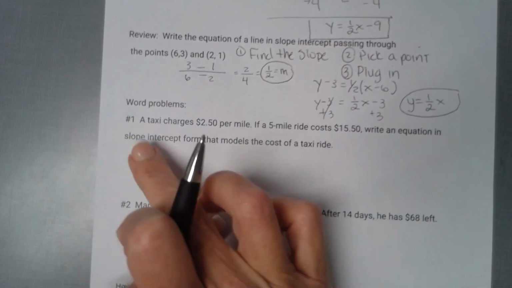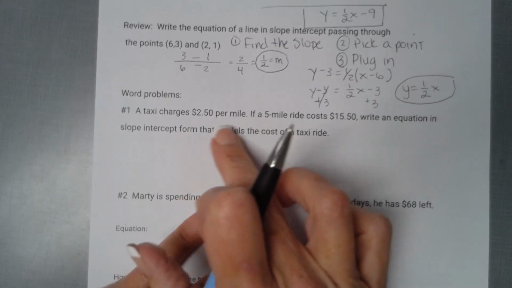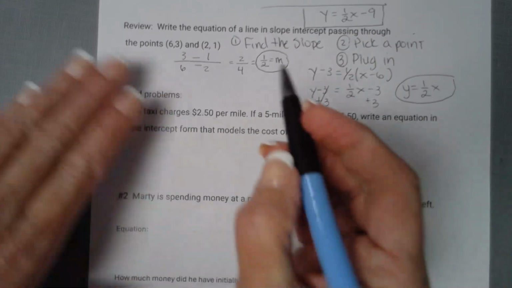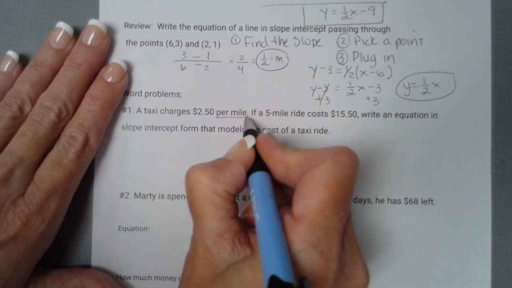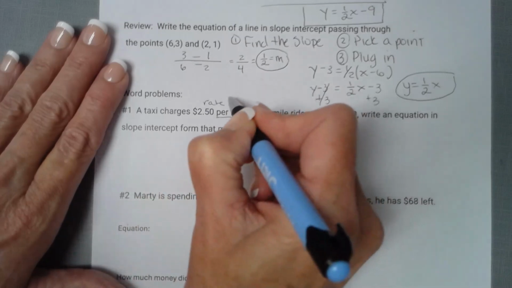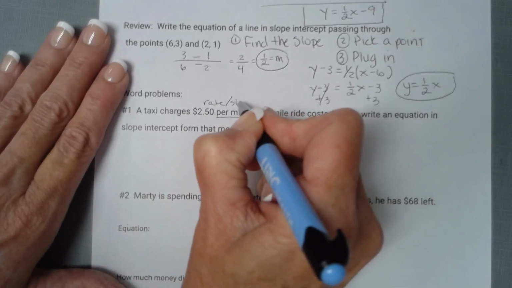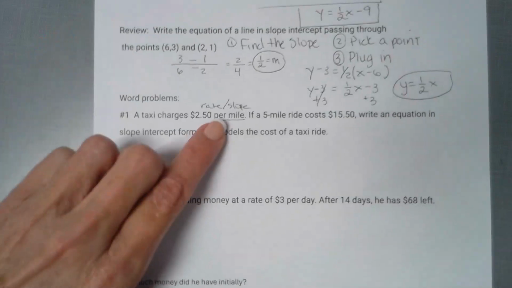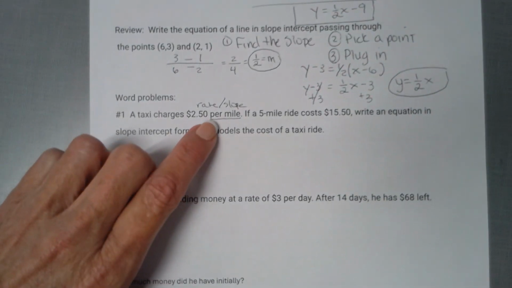If you read this one, it says a taxi charges $2.50 per mile. Now when they are saying per mile, this is an indicator that they're giving us a rate, i.e. slope. When you see things like per mile, per minute, per gallon, that is a rate. It's the slope.